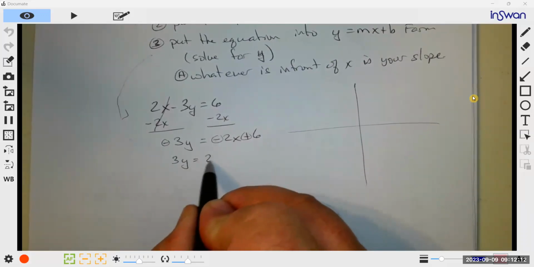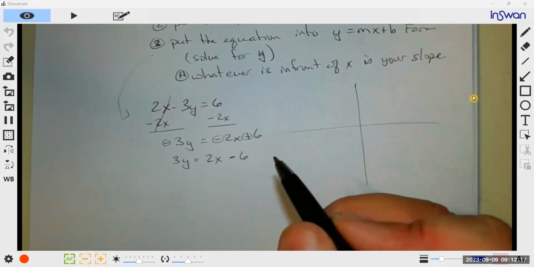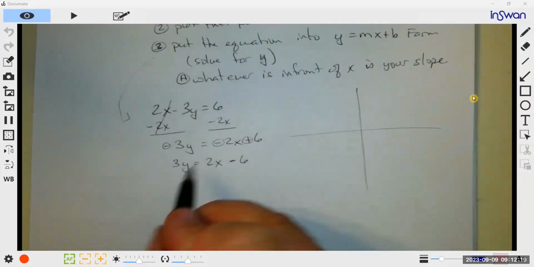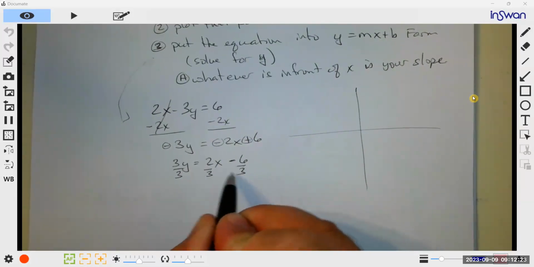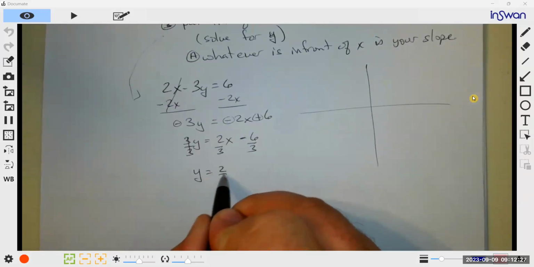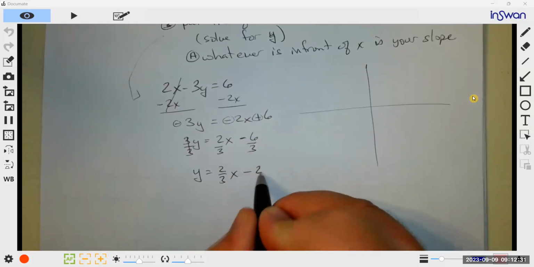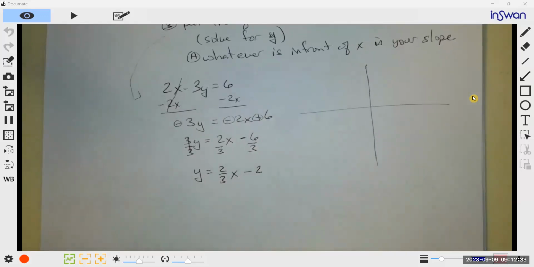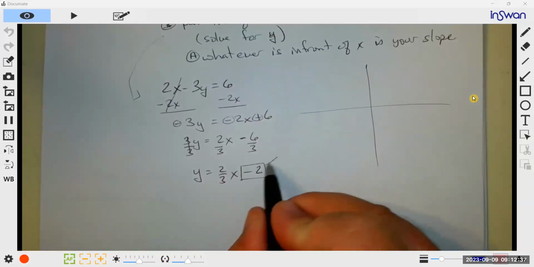So a negative becomes a positive 2x, and a positive becomes a negative 6. And divide each term by 3. So we get y equals 2/3 x. 6 divided by 3 is 2. If this works out, there's your first point.